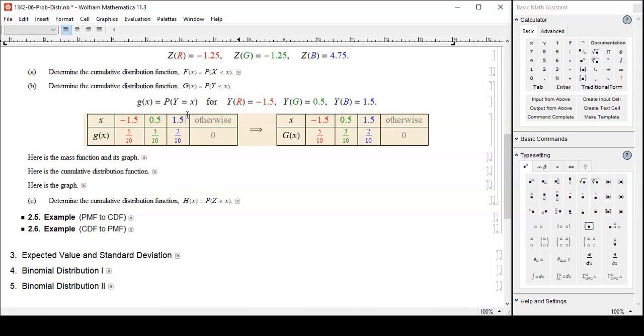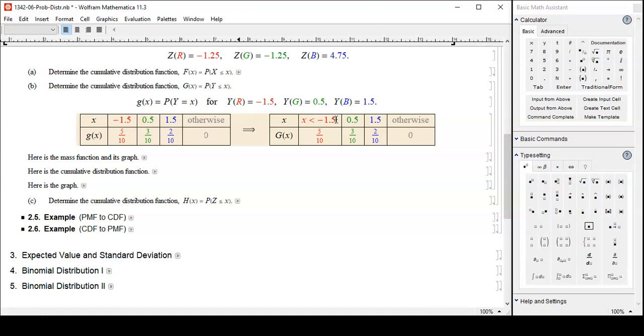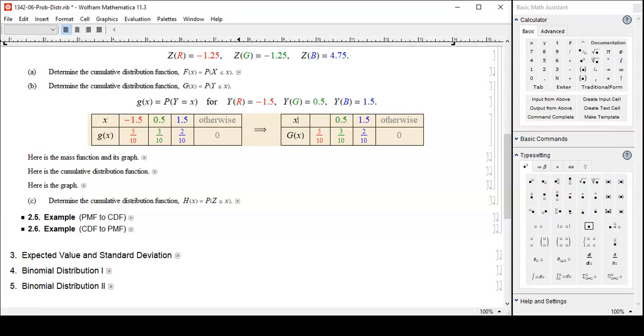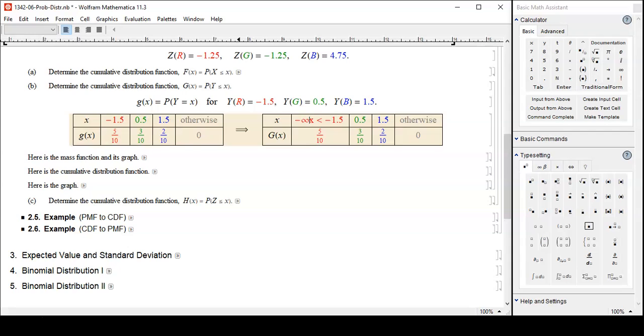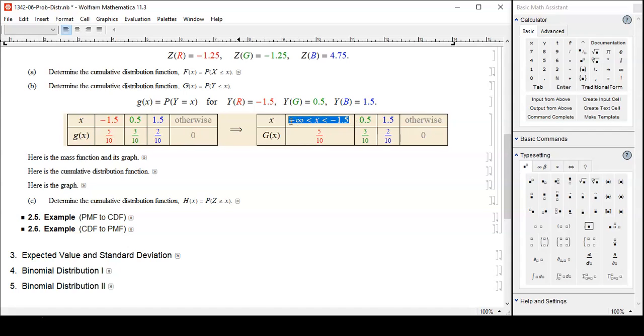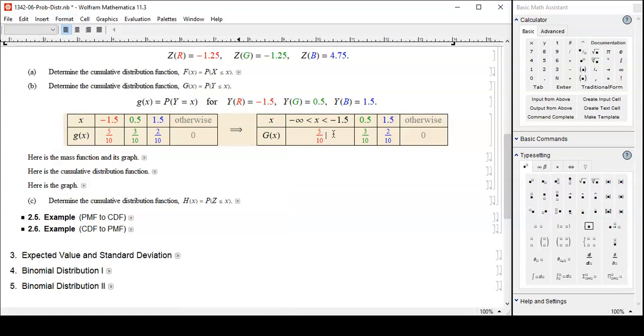First, less than negative 1.5. So this one. There, the probability is, the cumulative probability is 0.